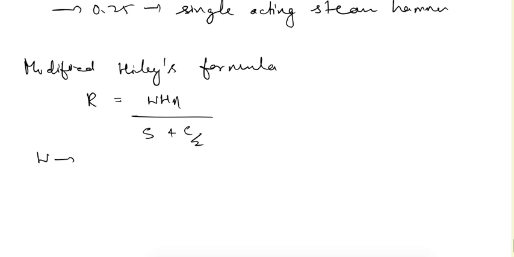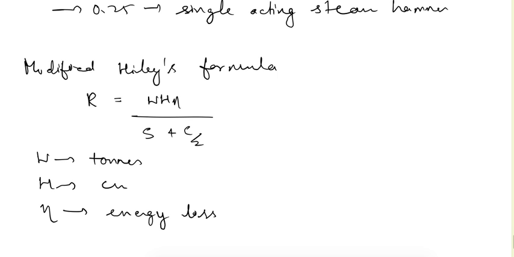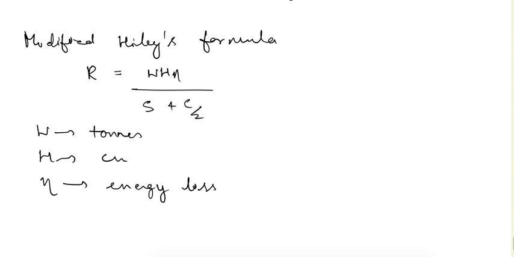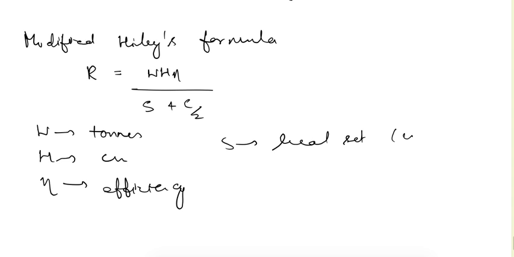Now W, that is the weight of hammer, is in tons here. H is again height of fall in centimeter. Eta is the energy loss, you can say, or we can say it as the efficiency, and S is the real set per blow, that is in centimeter per blow, and it is taken similarly as average of last five values for drop hammer.